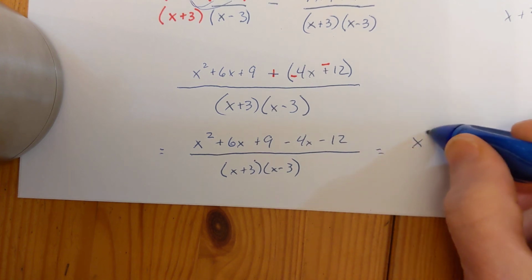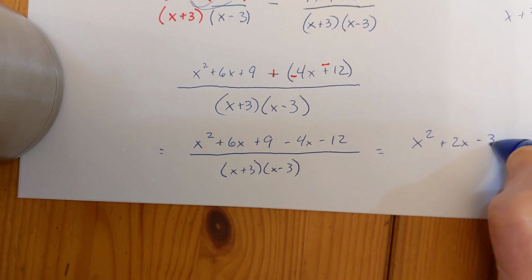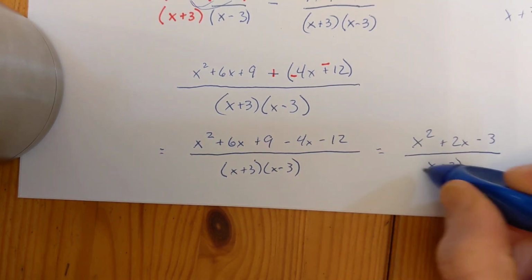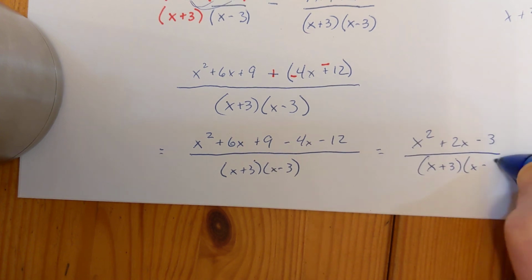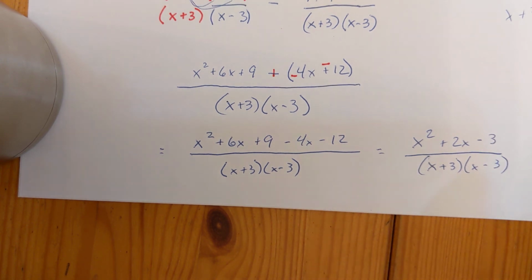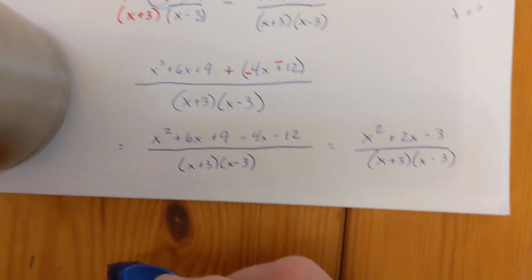This is going to be x squared plus 2x minus 3 over x plus 3, x minus 3. Note, I am not done. I need to look and see, does this factor?